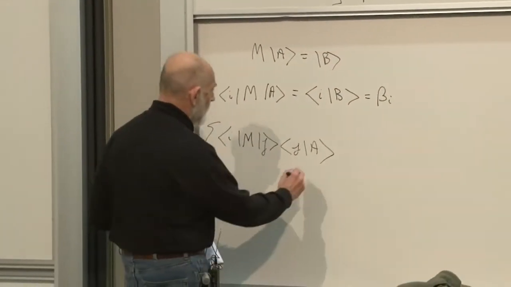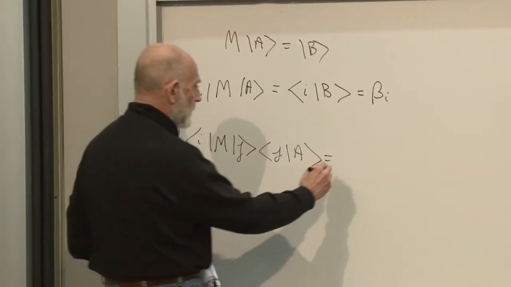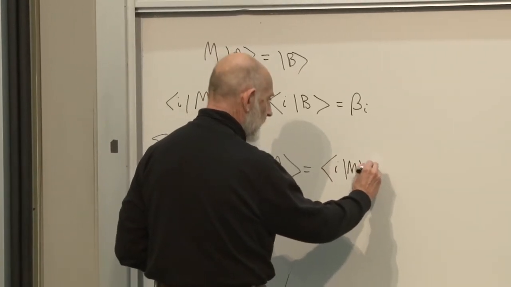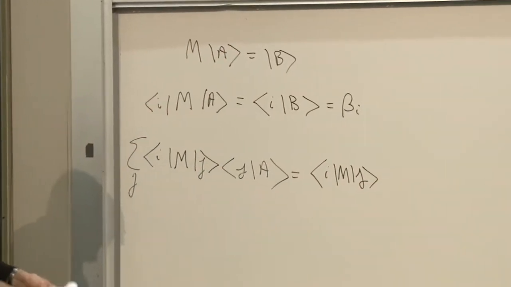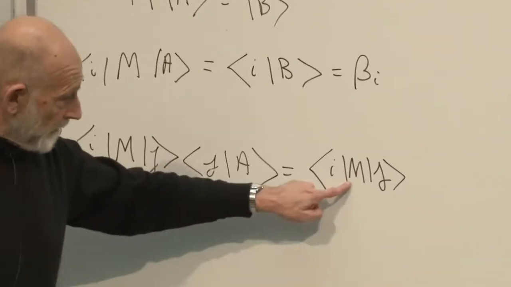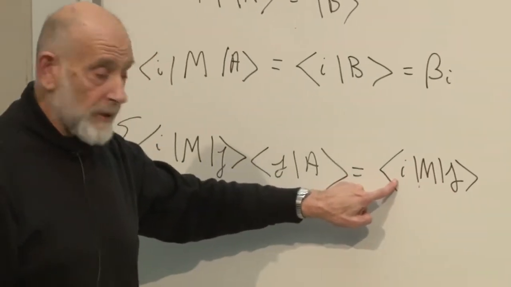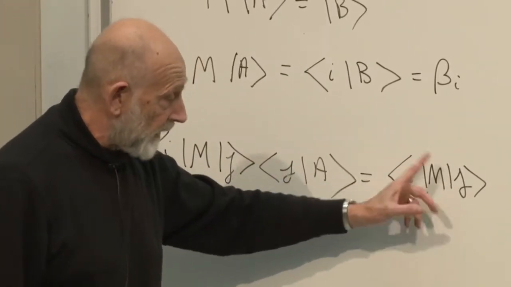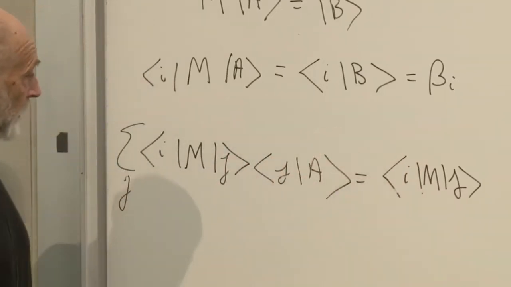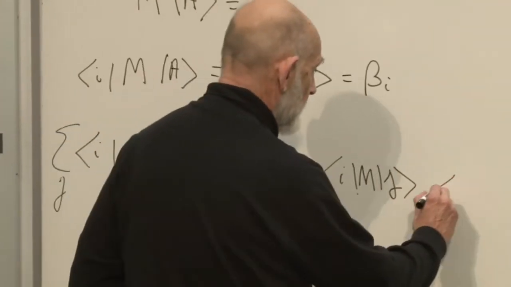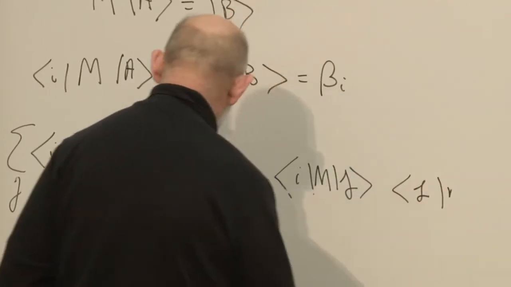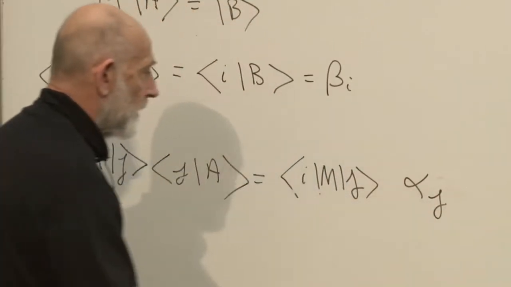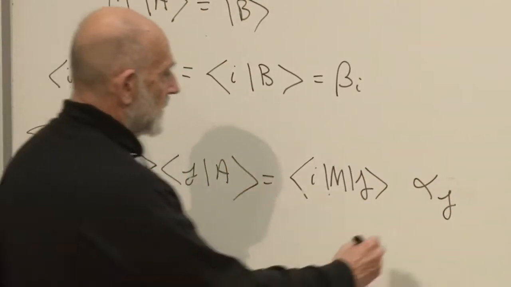So we now have a formula completely in terms of components. This is i, M, j. I'll get to this in a minute, but it's a number. Inner products are numbers. M times j is a vector, and you can take its inner product with i. All right? M times j is a vector, and ket vectors have inner products with basis vectors, times alpha j, that's equal to beta i.